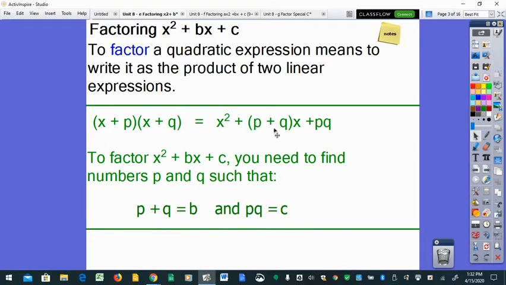That would be the O and the I in the FOIL. They have to add to give me the B. So we need two numbers that are going to multiply to give us this last number, C, the constant. And those same two numbers have to also add to give us the coefficient of x, which in quadratic language is called B. So let's get an example and see what we're talking about.